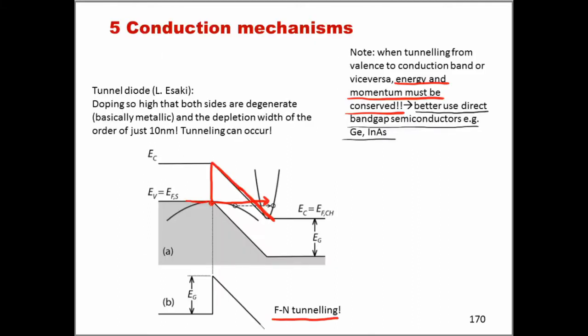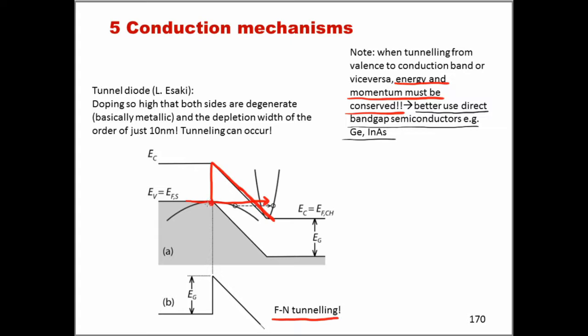when our electrons from the valence band tunnel into the conduction band on the n side, then energy is conserved by the fact that the electrons tunnel into states that have the same energy of the injected electron.